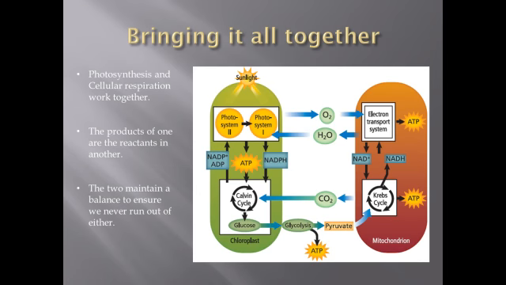Now, bringing everything together. Photosynthesis and cellular respiration, they work together. So, in photosynthesis what happens is sunlight comes down, and using photosynthesis turns that sunlight into glucose down here.